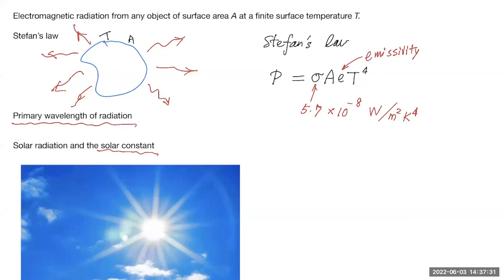But depending on the surface temperature, the primary radiation, which is the radiation with the strongest intensity, has a certain wavelength. That turns out to depend on the surface temperature in such a way that the primary wavelength, lambda p, is inversely proportional to the temperature of the surface.